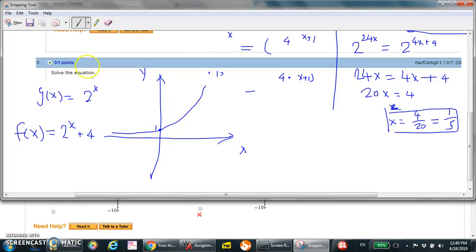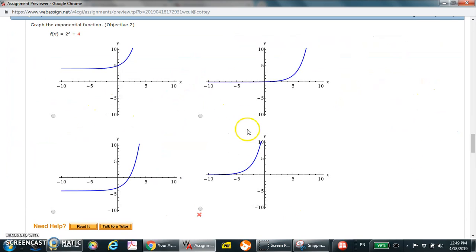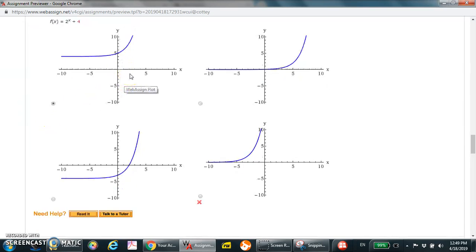So we're going to shift the graph up by 4 units. Now we will shift this point to here, where it's 5. So the graph of f(x) will pass the point 0, 5, and it looks like this, and it goes up to the right. So if we go back to the options, you will see the answer will be the first one.